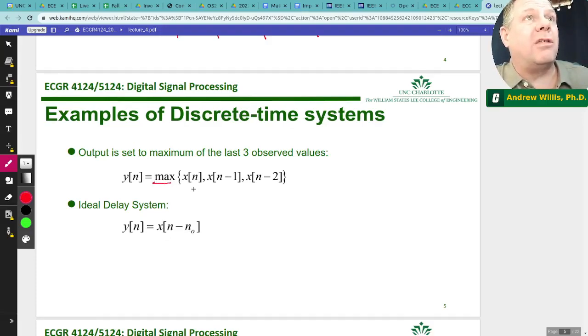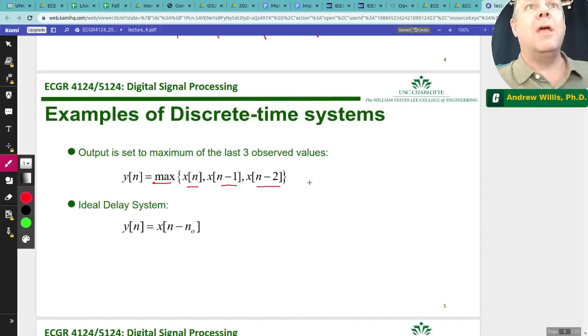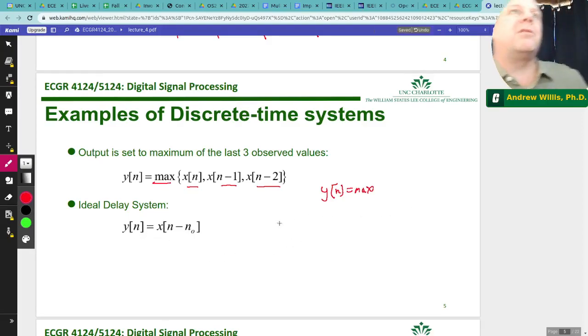In this case, the system is actually the max operator that's operating on 3 input values, and it's taking the max of these 3 specific values. You could also just as easily say that the output at time n is the max of other values, or the min, or those are all valid discrete systems.